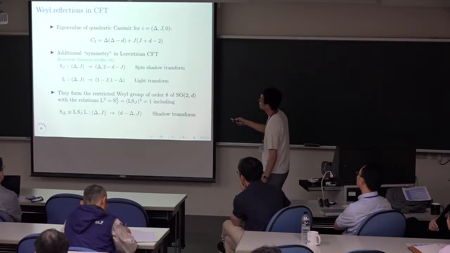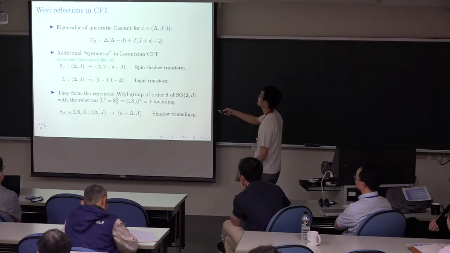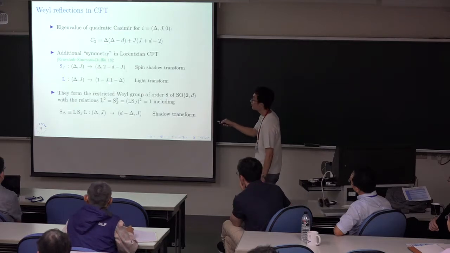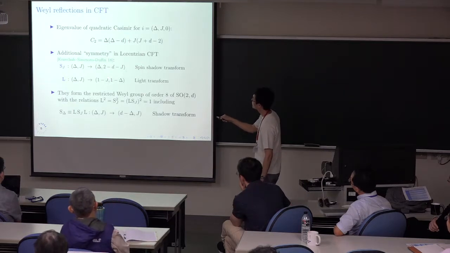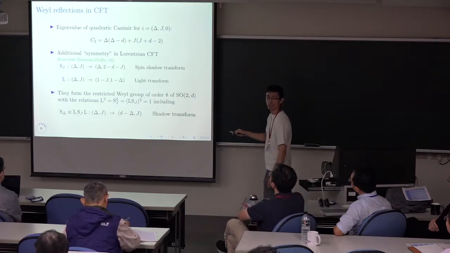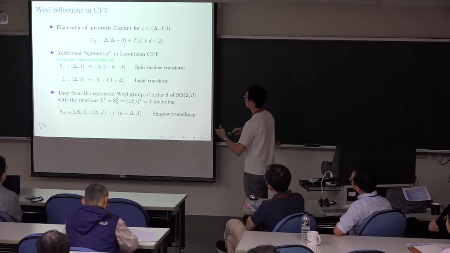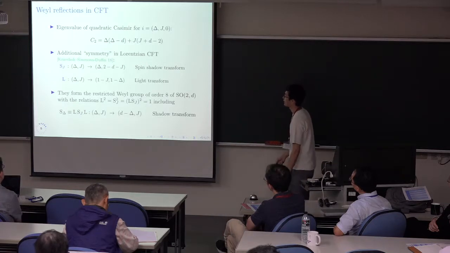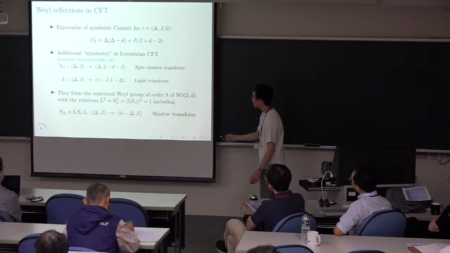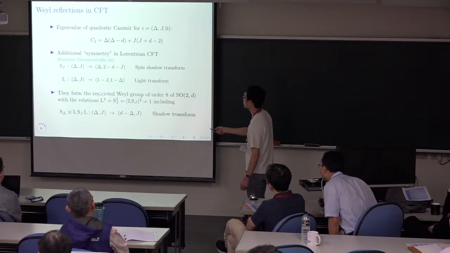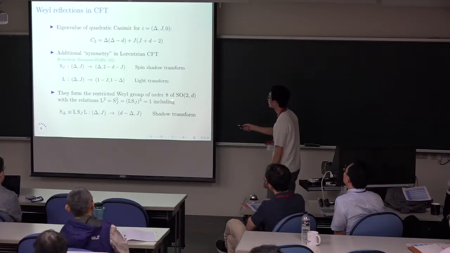And also, there are more exotic transformations. One of them is the so-called light transform, where you replace delta with 1 minus J and J with 1 minus delta. Even if you do this, the quadratic Casimir doesn't change. So in the Lorentzian case, you have more symmetries than the Euclidean case. These transformations form the so-called restricted Weyl group of order 8.